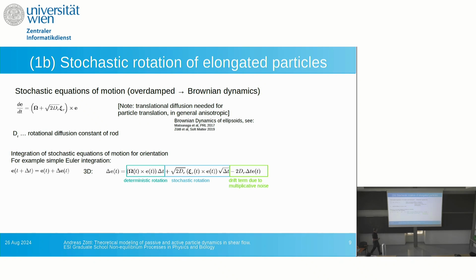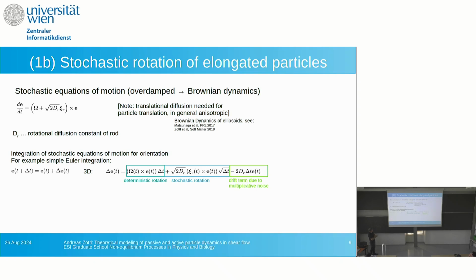I hope you can see that, because you may also need this in the afternoon, how you integrate stochastic differential equations. There are books about this topic. But we just do a simple Euler integration, saying that the director E at time t plus delta t is just E of t plus a delta E. In 3D, how do you calculate this delta E?